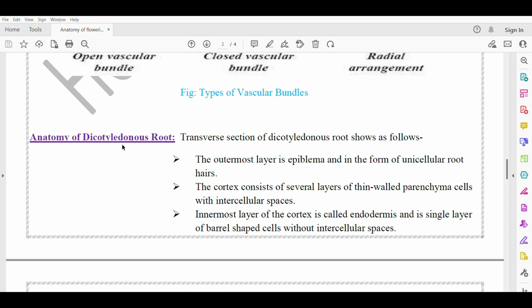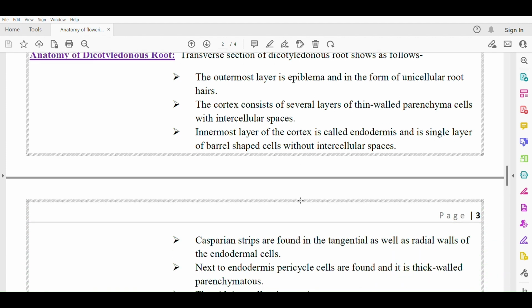Anatomy of dicotyledonous root. Transverse section of dicotyledonous root shows the following characteristics. The outermost layer is the epiblema, with unicellular root hairs. The cortex consists of several layers of thin-walled parenchyma cells with intercellular spaces.